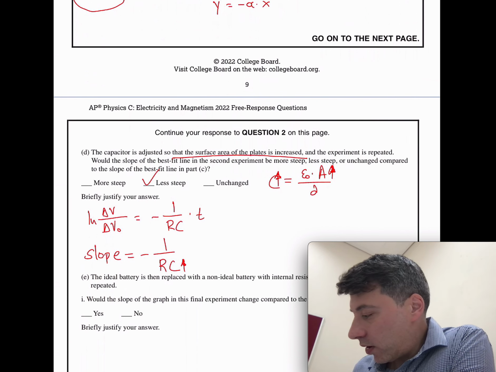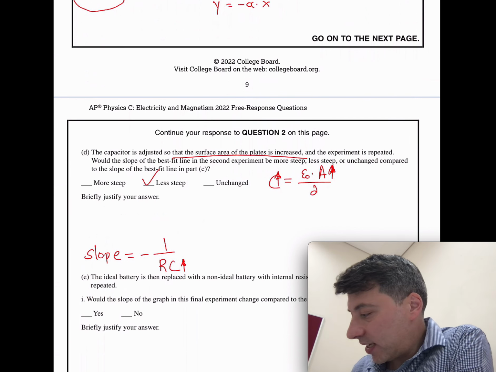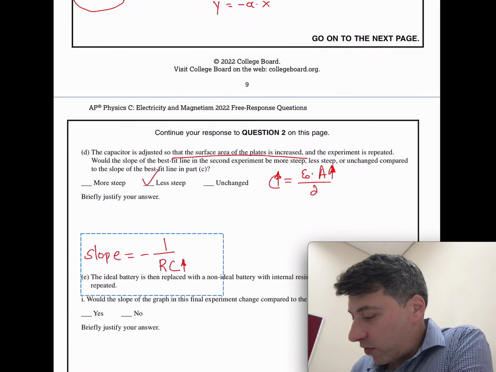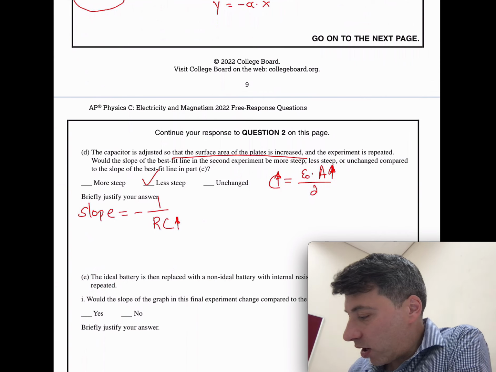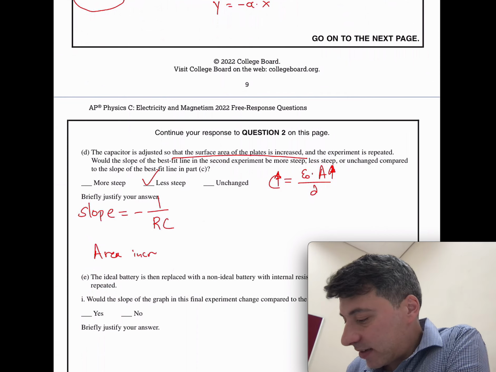So this is what we need to mention, that on the previous part we proved that the slope is equal to minus 1 over RC. So since the area increases, this will bring a change in the capacitance.